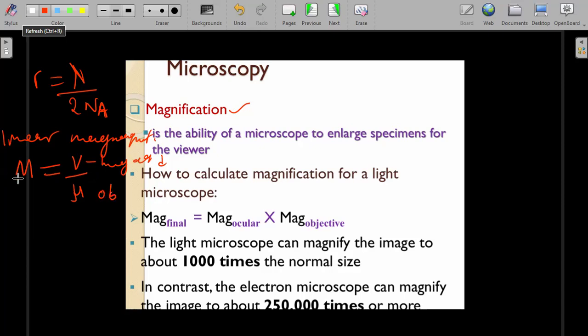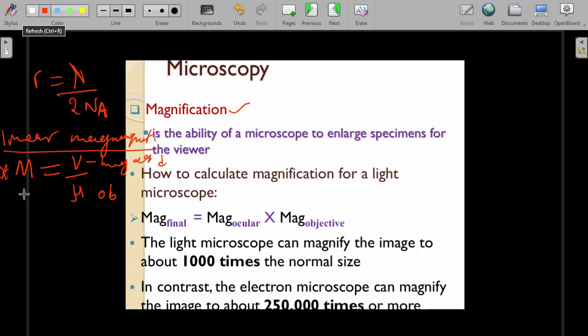Okay, so you can get your magnification by getting your image distance, then you divide it by the object distance. You should be able to get your magnification. That is what we call linear magnification. Okay, so that's one of the types of magnification you can have.